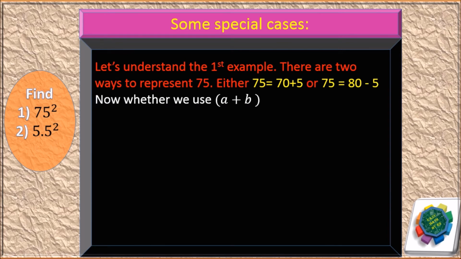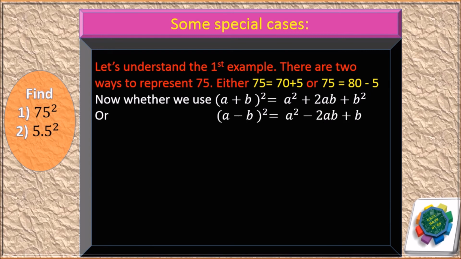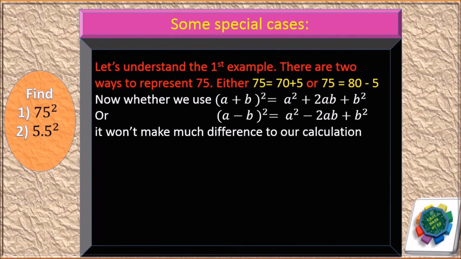So what happens in this case is whether you use the identity (a plus b) the whole square or (a minus b) the whole square, it won't make much difference to your calculation. So you can use either of these identities.